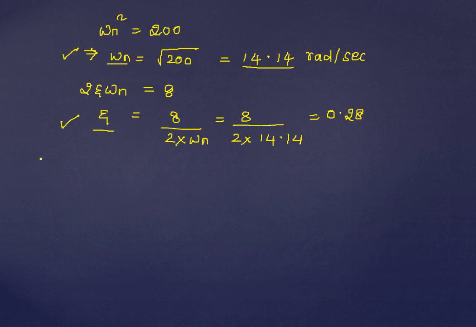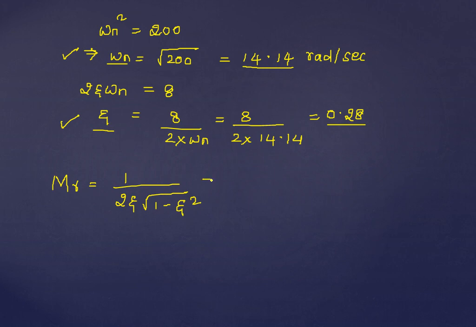So what are the different frequency domain specifications? The first one is resonant peak, that is M suffix r. The formula for the resonant peak is 1 by 2 zeta square root of 1 minus zeta square. So we know the zeta value.